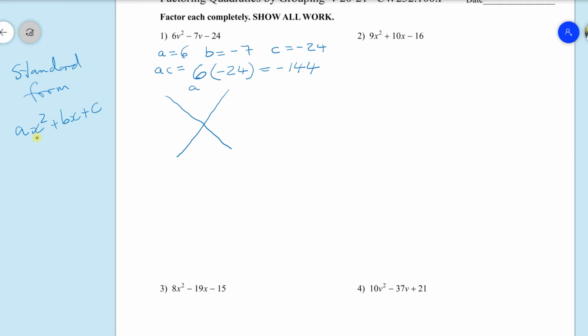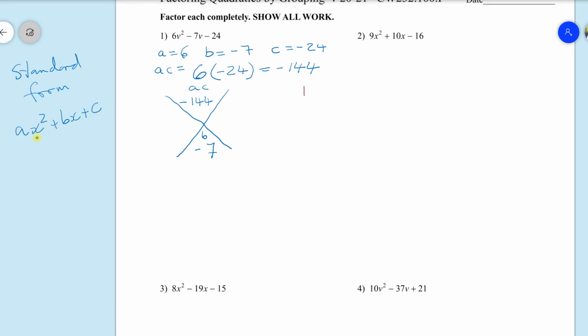Right? So when we do our x, remember AC is gonna come here and B is gonna come here. AC is actually -144. Remember, B will go here and B is -7. Now we're going to look for factors of 144, right?